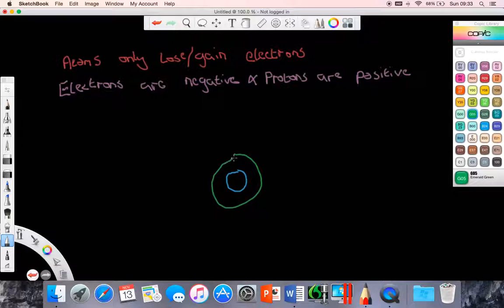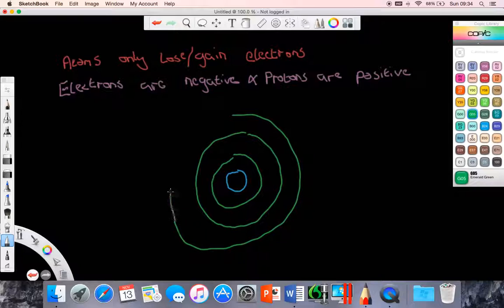1, 2, 3. And it's found in group 1. So that tells us that it's got 1 electron in its outer shell. So it's in period 3, therefore it has 3 shells. And it's in group 1, so it's got 1 electron in the outer shell. Now that we've done this, we can fill the rest in. So the first shell holds 2, and the next shell holds 8.